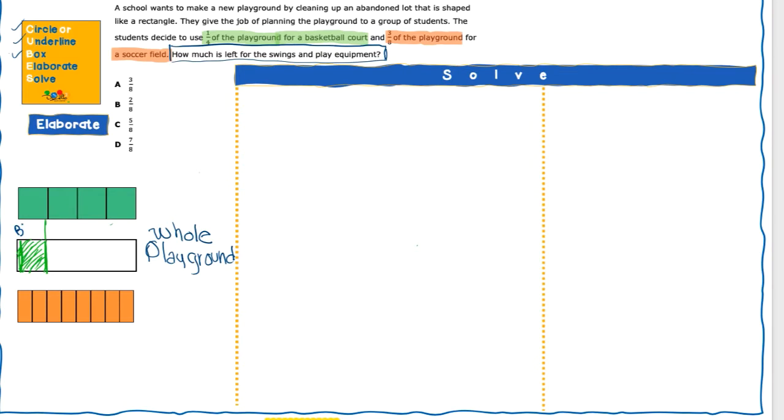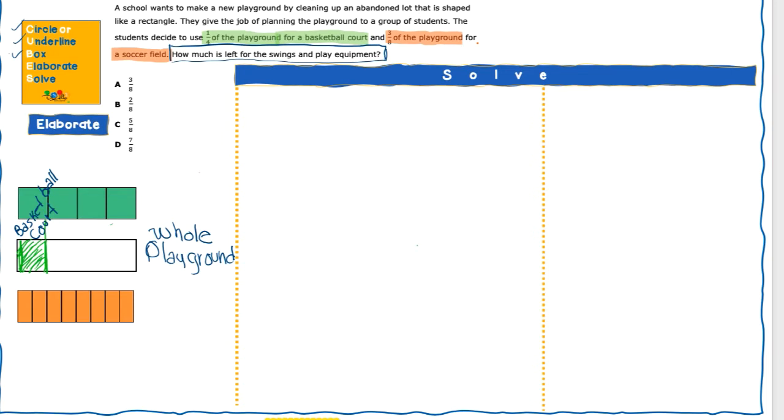I'm gonna put that right here. This is gonna be the basketball court.